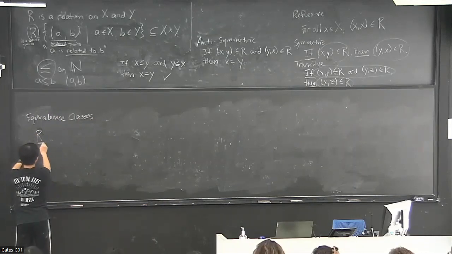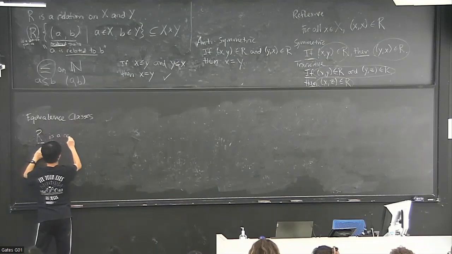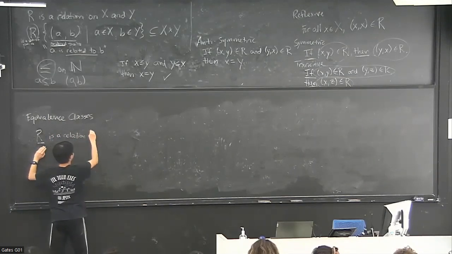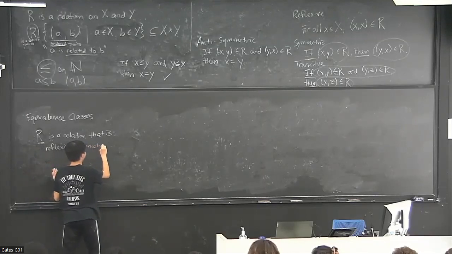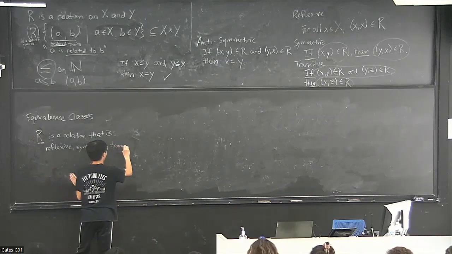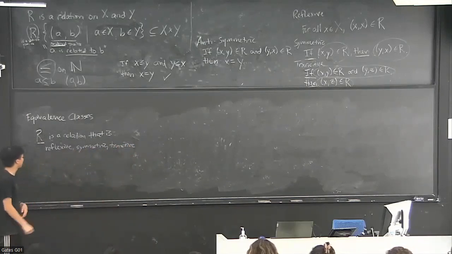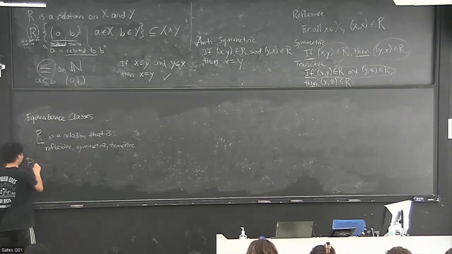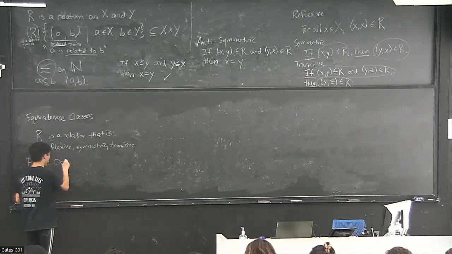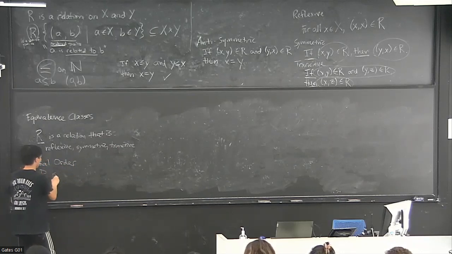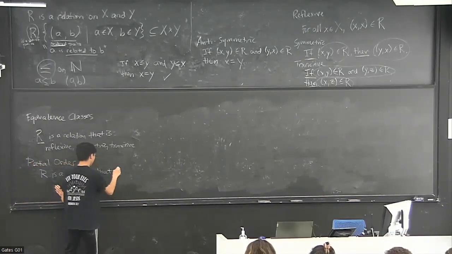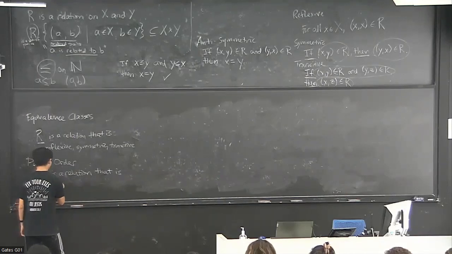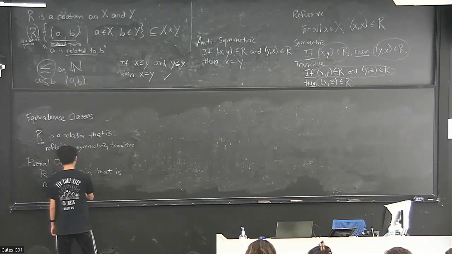An equivalence class R is a relation that is reflexive, symmetric, transitive. A partial order is a relation that is reflexive, anti-symmetric, transitive.